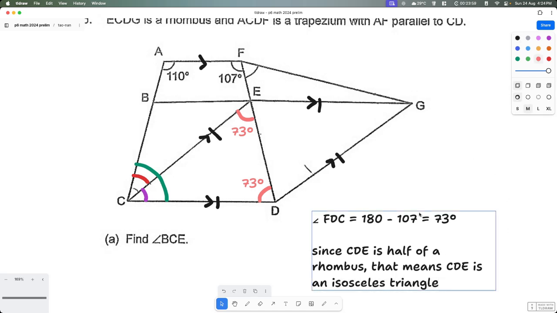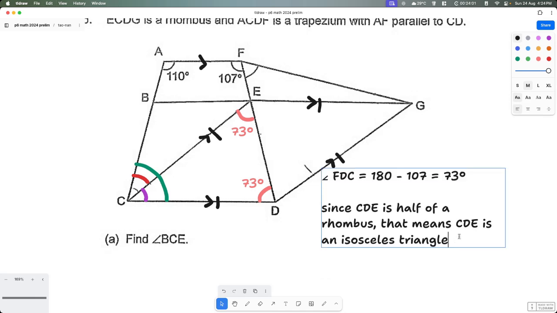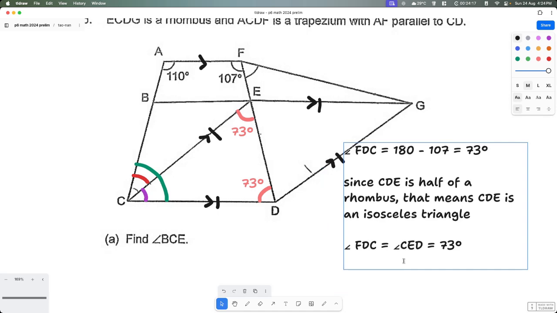So that means angle ECD is equal to angle CED, which is also 73. So that means we can get the purple angle. The purple angle is ECD. So angle ECD is equal to 180 minus 73 times 2.